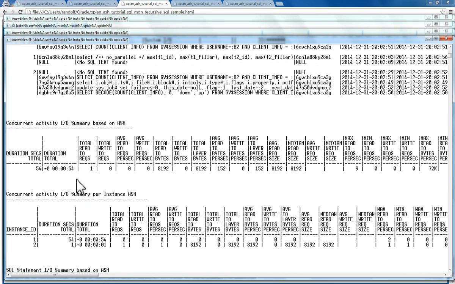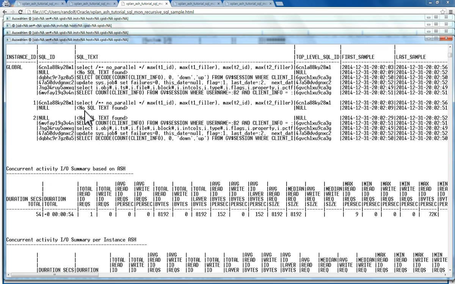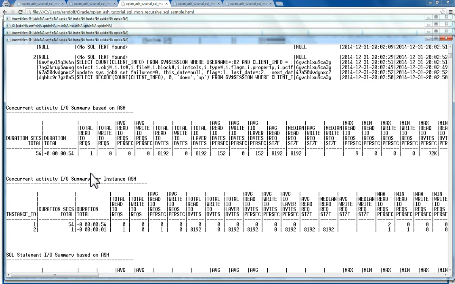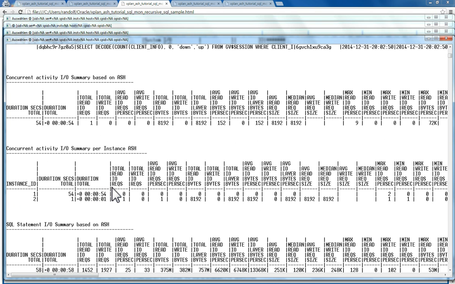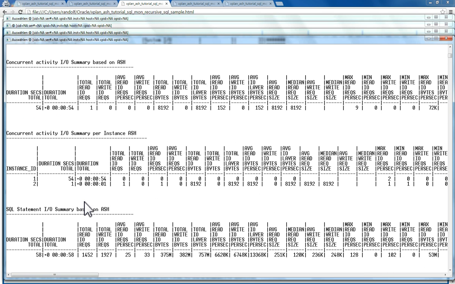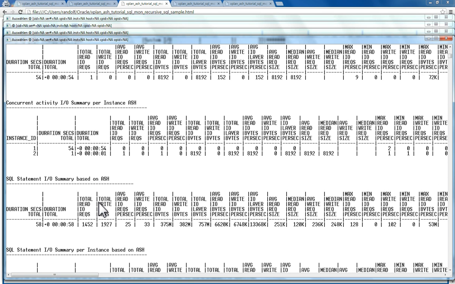And in the case of the I/O summary, you do not get a single section with different levels, but you get different sections. So this is the global summary, and then on instance level there is a different section which gives you the information on instance level, but apart from that, it's pretty much the same.